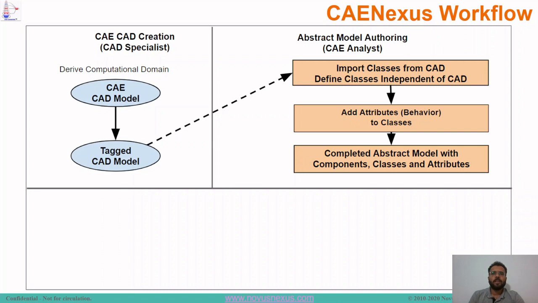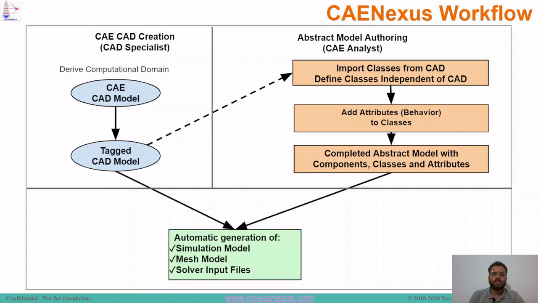The analyst then creates the simulation model, mesh model, and solver input files. He will check and update the abstract model to capture all the requirements by testing it. We call it authoring mode. Once completed, the abstract model is then available throughout the organization for synchronization with the CFD CAD models.